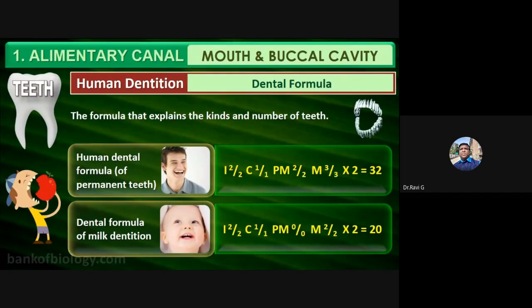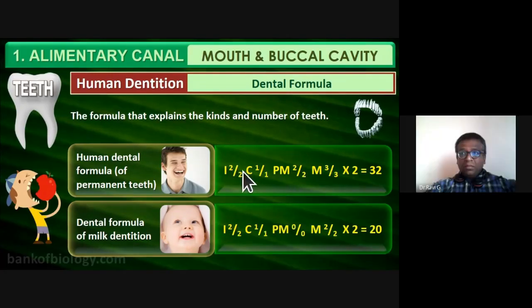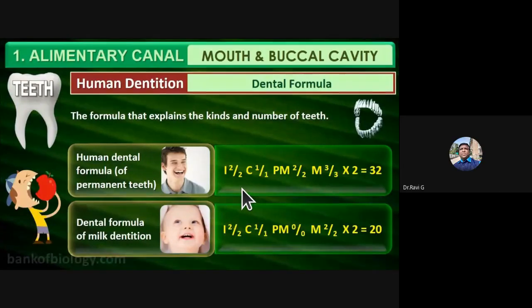So the dental formula is the formula that explains the kind and number of teeth. The human dental formula of permanent teeth is incisors 2 bar 2, canines 1 bar 1, premolars 2 bar 2, molars 3 bar 3. The bar implies that in the one jaw we are talking about left and right.